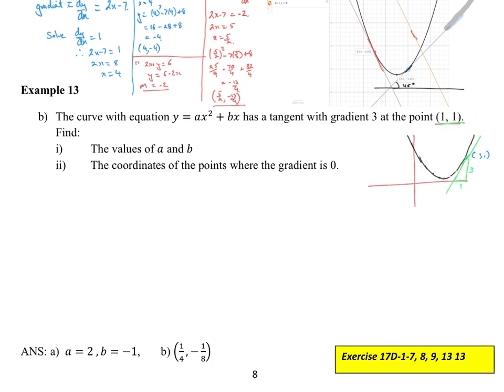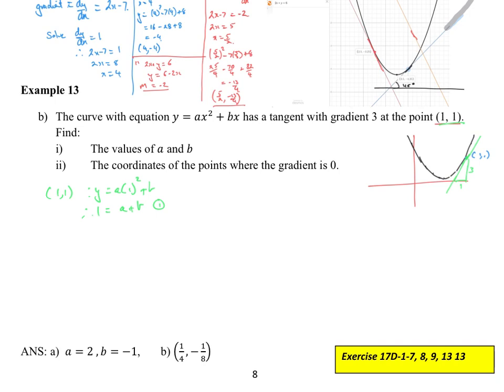First things first, the curve goes through the point 1, 1, so that has to satisfy the equation. Therefore, if I sub the point 1, 1 in, I get y is equal to a times the x value, so y was 1. I get equation 1 there.